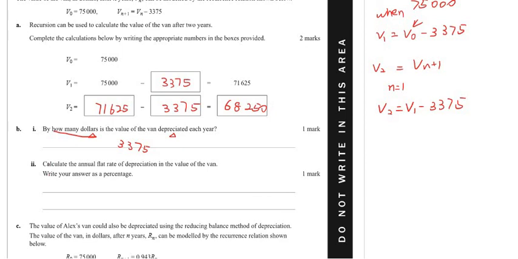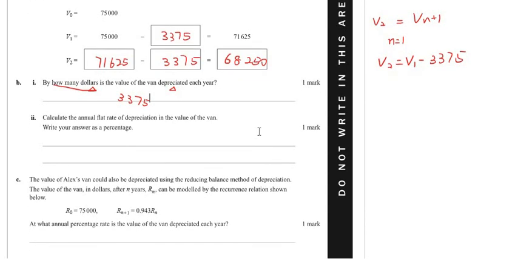Part 2: calculate the annual flat rate of depreciation in the value of the van. Write your answer as a percentage. What it's saying over here is asking us to find out how much it was to its original value. So the amount of depreciation each year is 3,375, and the original value is 75,000.